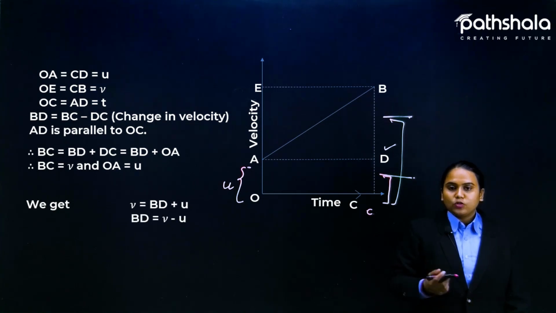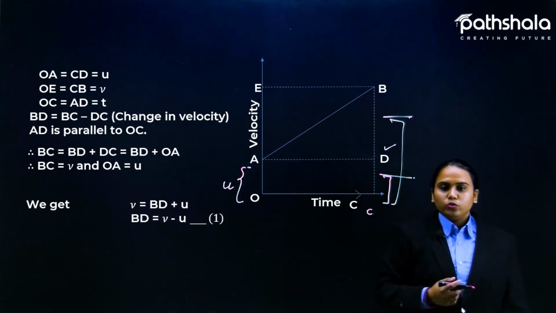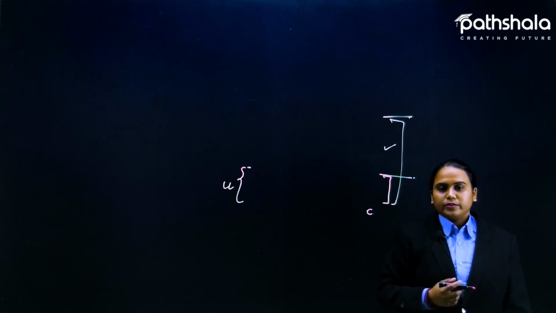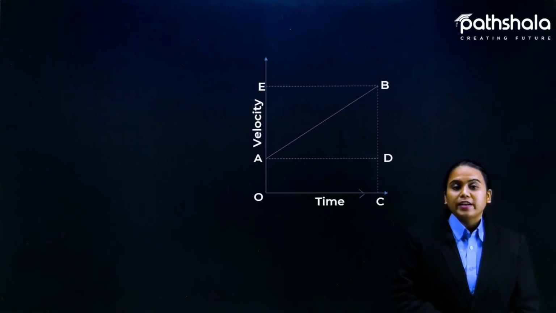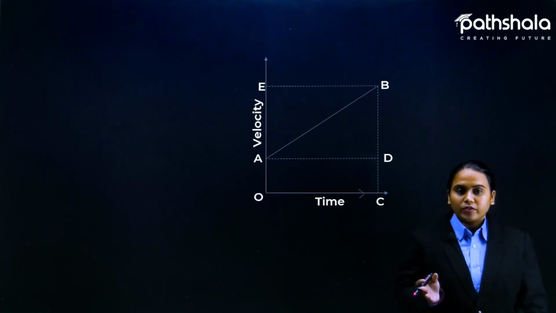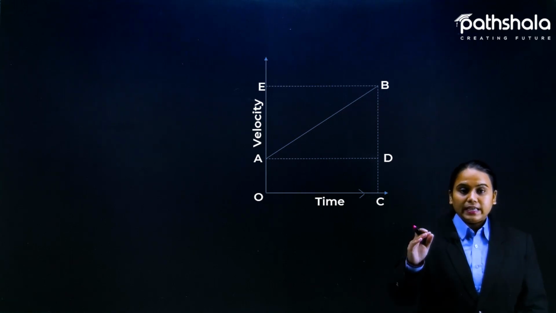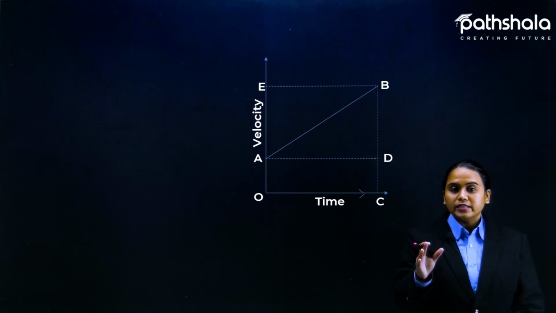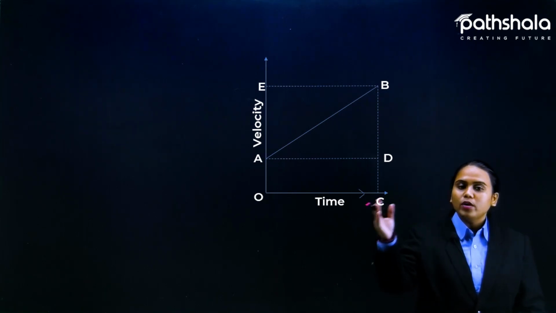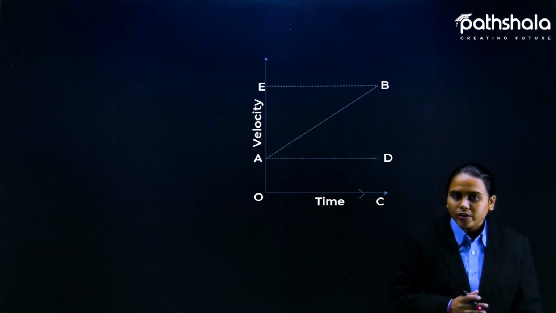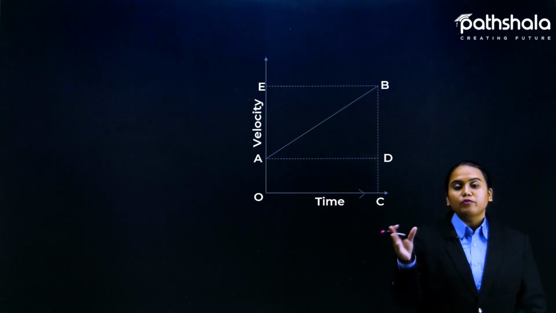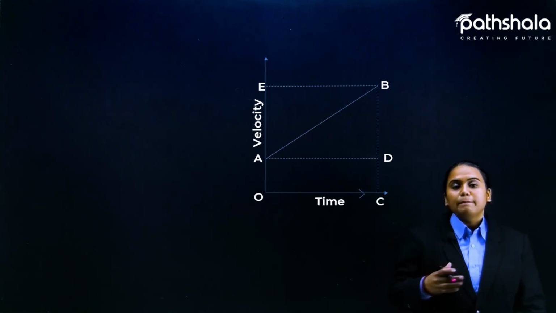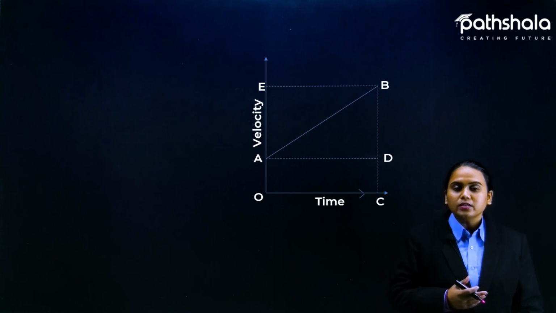That is, BD is equal to V minus U. That is our first equation. According to our graph, BD is BC minus DC, and we have already discussed that DC is equivalent to the AO part and AD is parallel to OC, and with that we have found that BD is equal to V minus U.